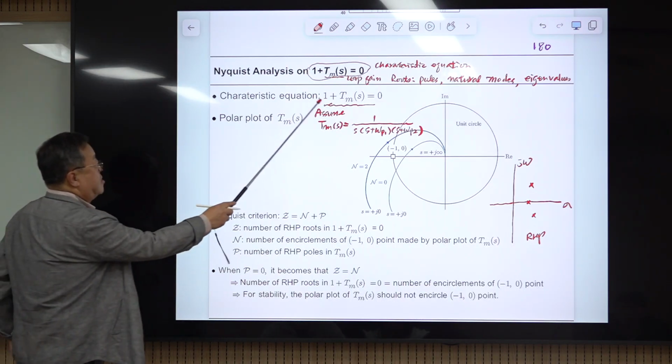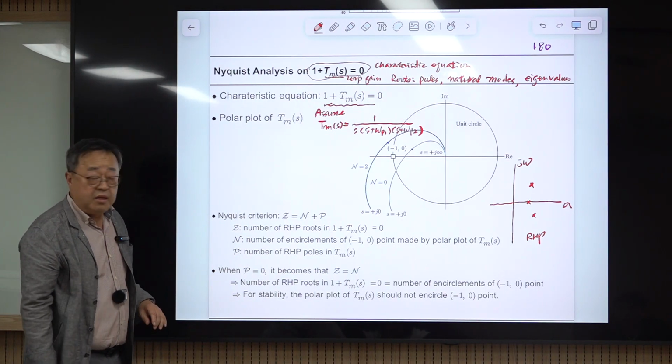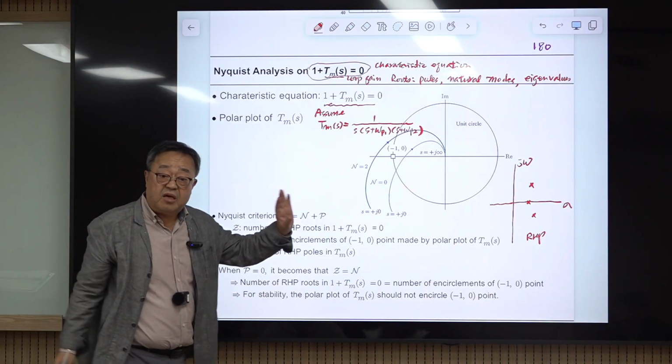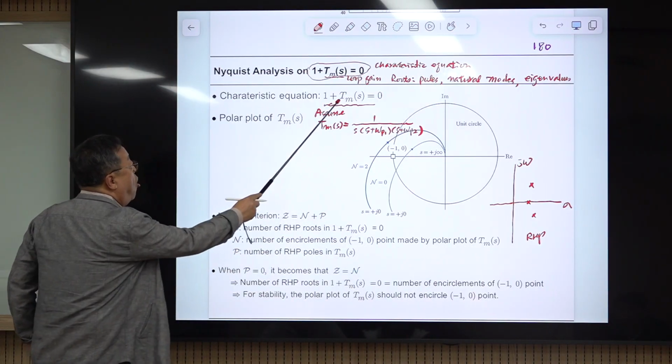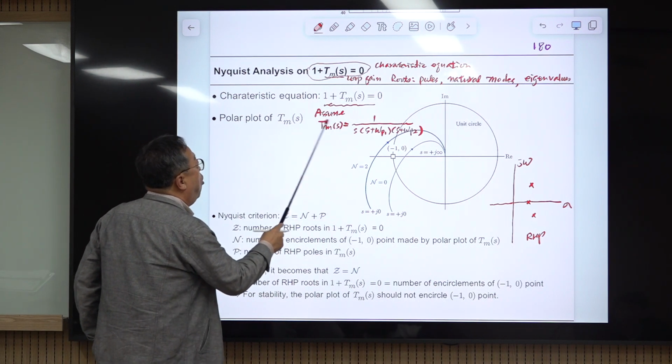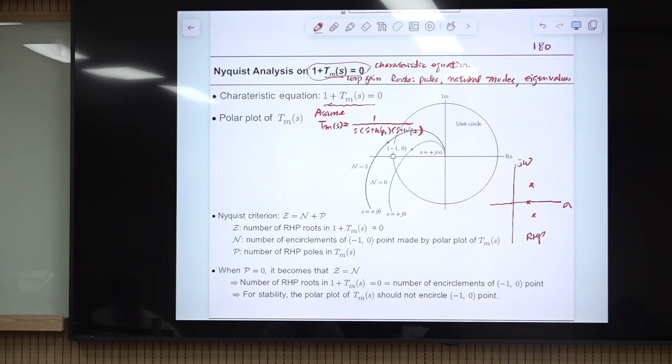Suppose this is the characteristic equation. TMS equals 0 is nothing. It's meaningless. You are interested in the root of 1 plus TMS equals 0, not the root of TMS equals 0.